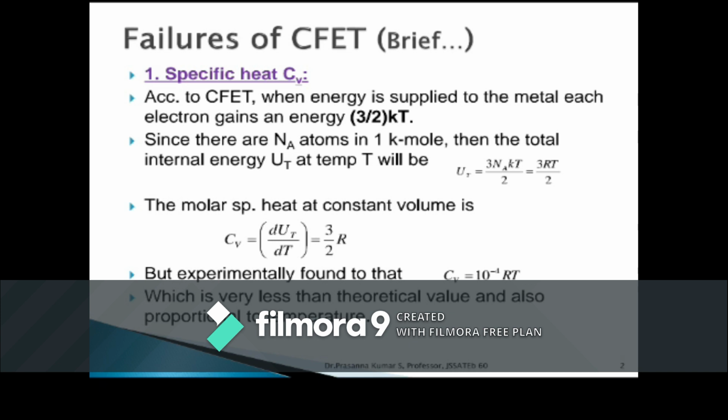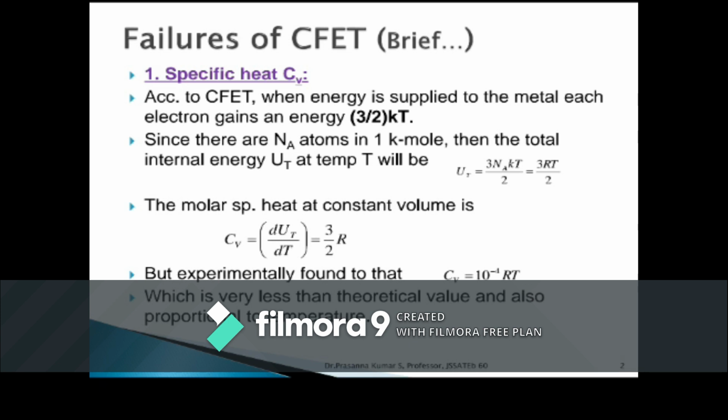Therefore, the internal energy of 1 kilomole of substance is equal to 3/2 RT. Now if you calculate the specific heat at constant volume, CV is equal to dUT/dT, which equals 3/2 R.